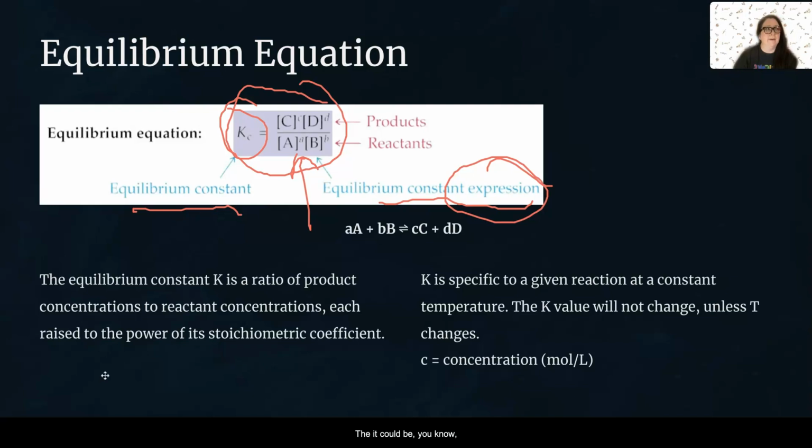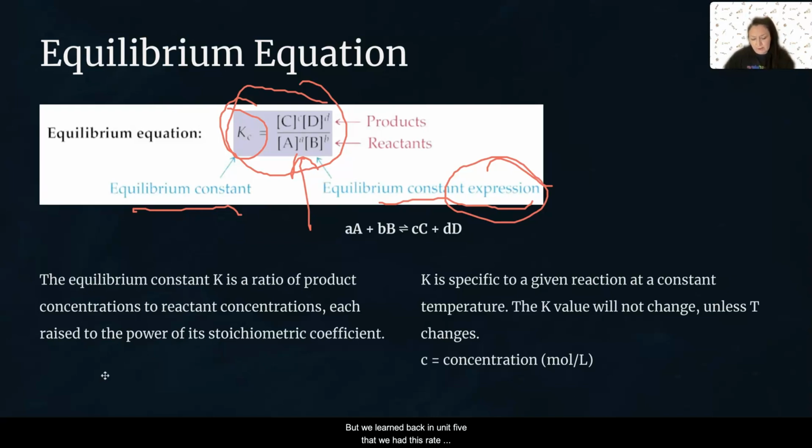It could be hydrochloric acid or something like that. And then the lowercase letters are some exponent, and we'll talk about that when we get to it. They don't want any numbers in this, with the exception of exponents if they belong there. So I will really hit that home with you guys in just a second.